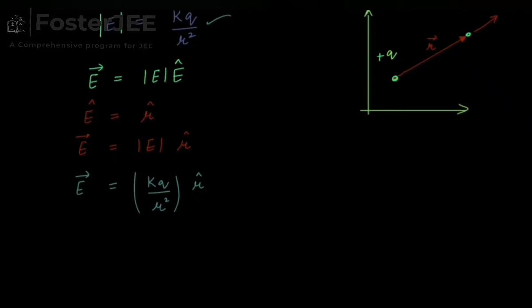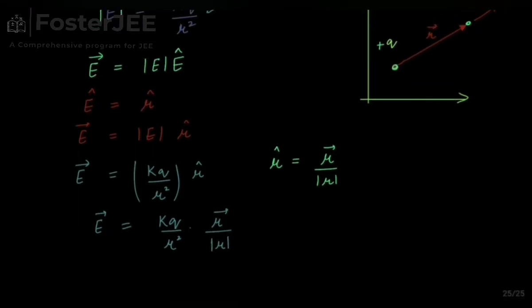Now, what is meant by unit vector? By definition, unit vector is the vector divided by its magnitude. So we will put the value of r cap in this equation. We will get vector E equal to kq upon r square, where r cap is vector r upon mod r.